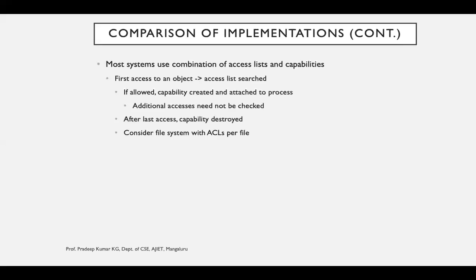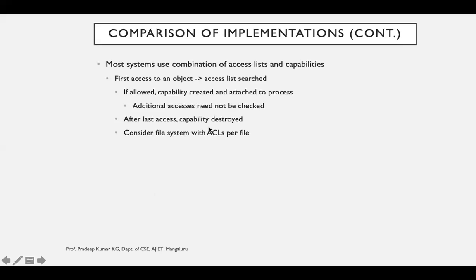First, we go with the access list, that is, the object with its access list. If that security level is okay, then we implement the capability list. That is how the combination works. So that is the comparison. This combination of access list and capabilities is more suitable for most systems, so in general we may go with this kind of setup.